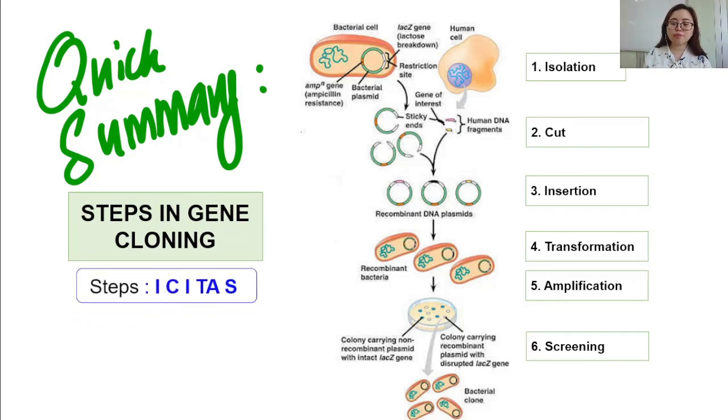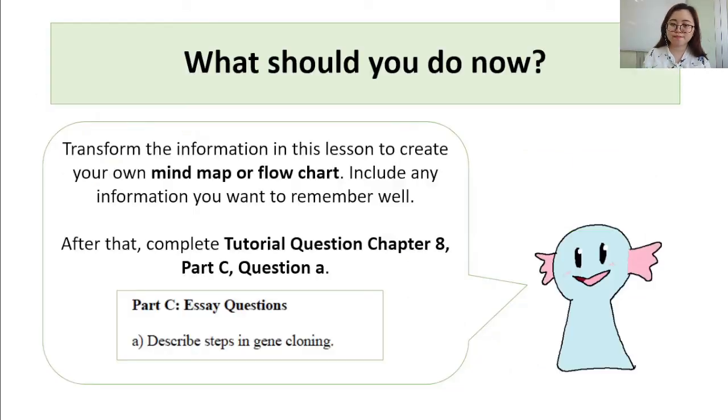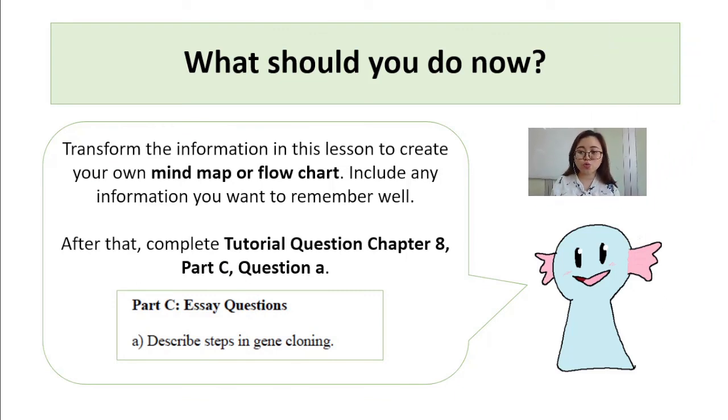Okay, so remember the steps. And if you have any trouble with the steps or specifically with the screening process, feel free to ask a friend or ask me. So that is the end of 8.2. What should you do now? Now you should take the information from this lesson to create your own mind map or flowchart.